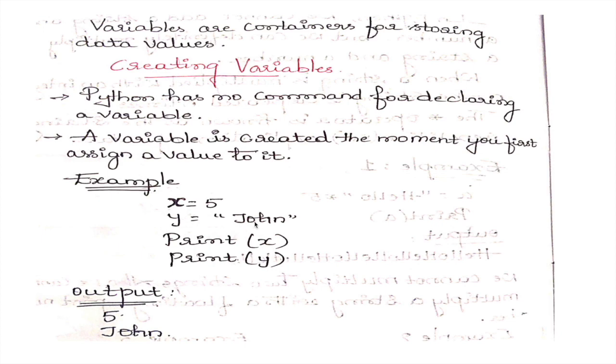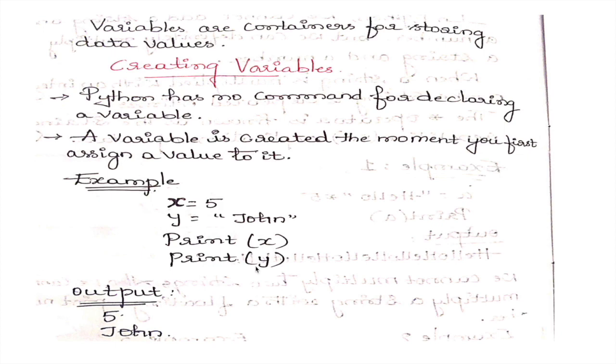It is a set of characters. So you are printing x and you are printing y. When you print x, you can see the value 5 is assigned to x. And when you print y, the value John is assigned to y. Getting my point? So you are storing the value 5 in x. You are storing the value John in y.